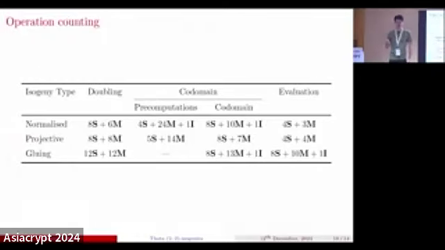Okay, so let's talk a little bit about some concrete costs. Here with S, I mean the cost of squaring, M for multiplication, and I for inverse.